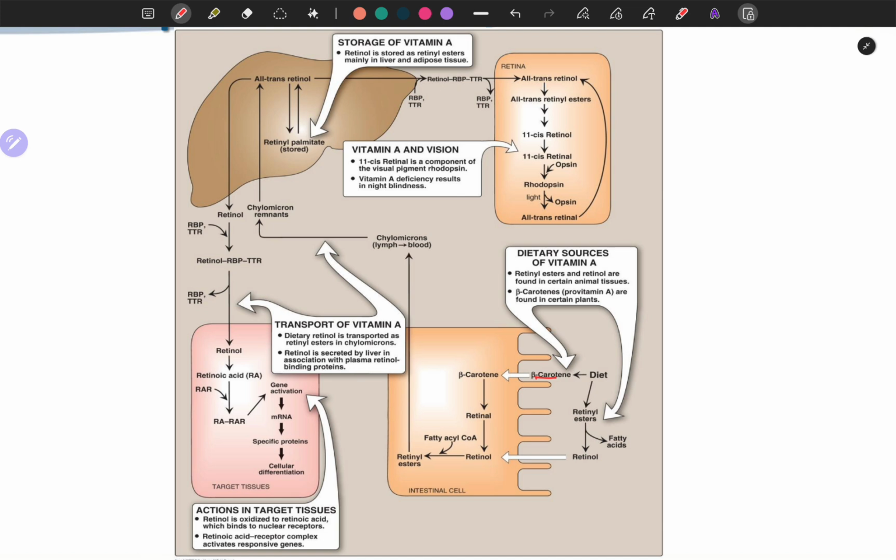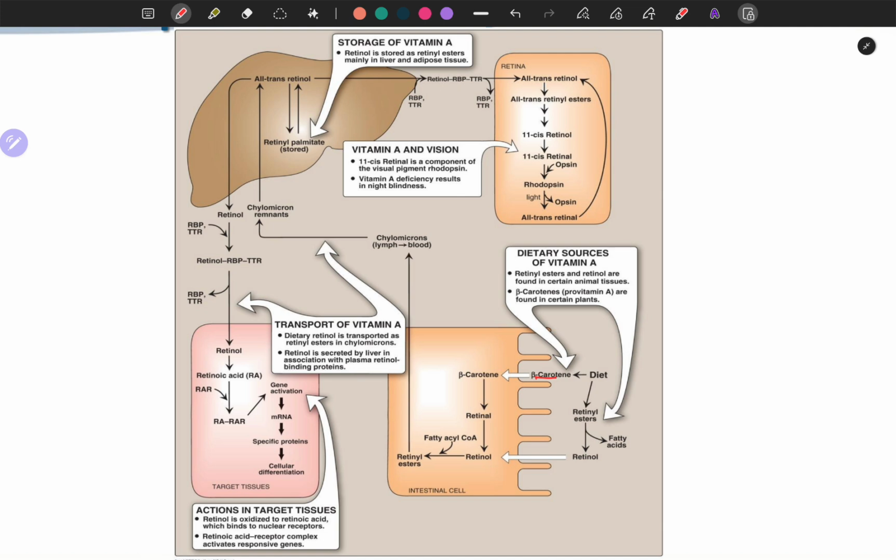So this is the vitamin A receptor complex. It binds to specific regions of the DNA, affecting mRNA transcription, resulting in the synthesis of a specific mRNA with a specific protein which will bring about the desired physiological action. Is it clear?